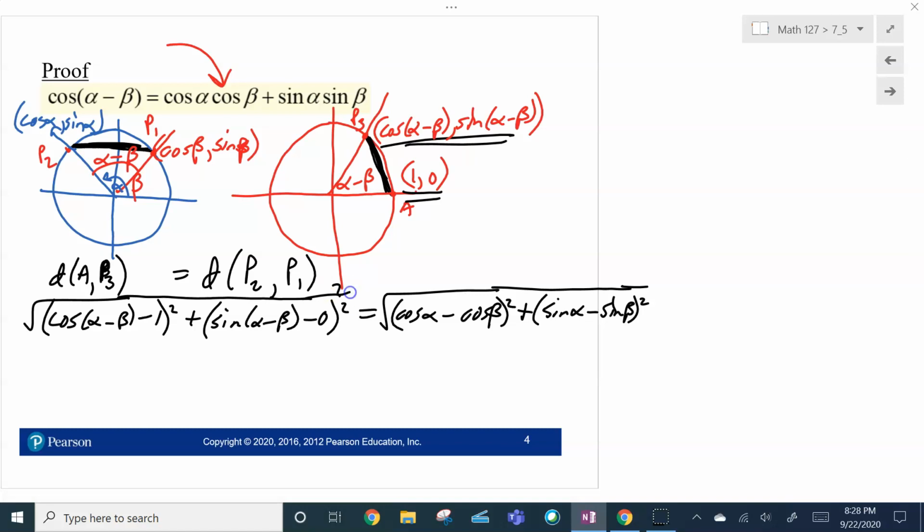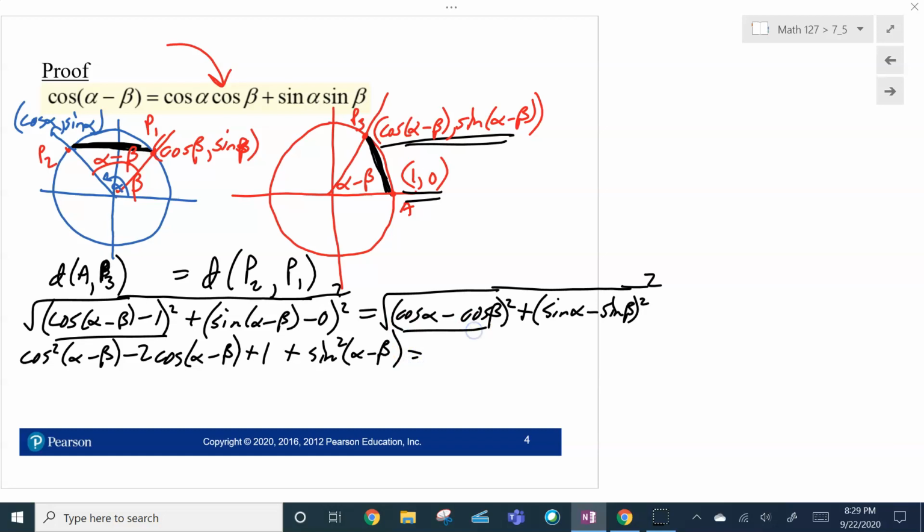Now I'm going to square both sides, get rid of the square root there, and then I'm going to start expanding, or FOILing, this. So let me expand that: I'd have cosine squared alpha minus beta minus 2 cosine alpha minus beta plus 1 plus sine squared alpha minus beta equals.